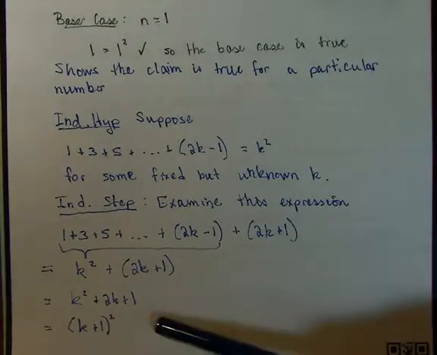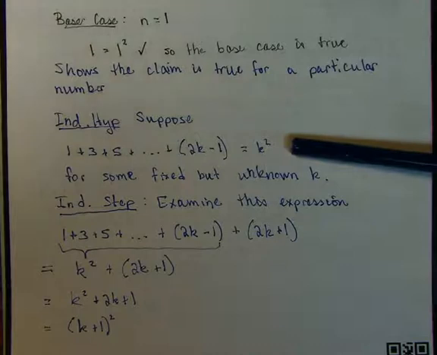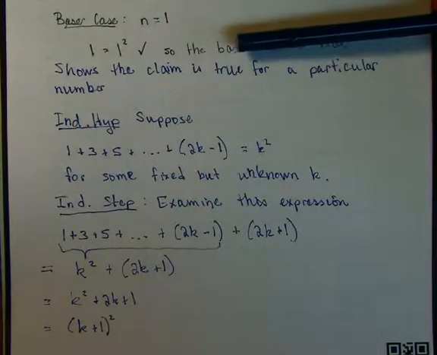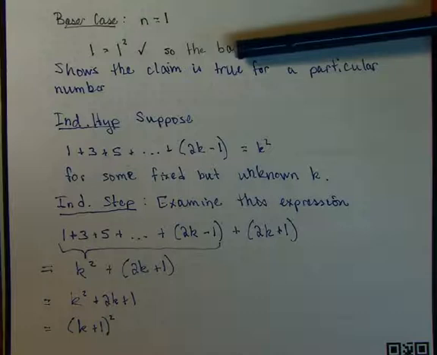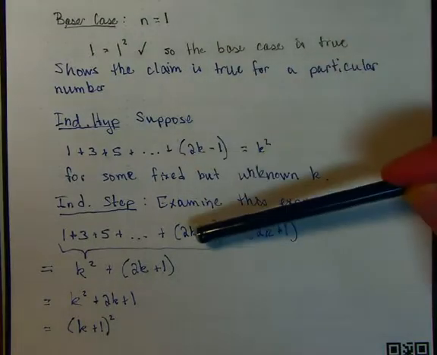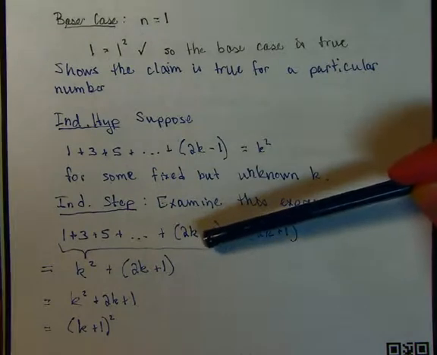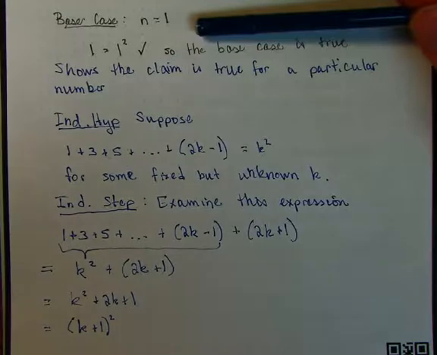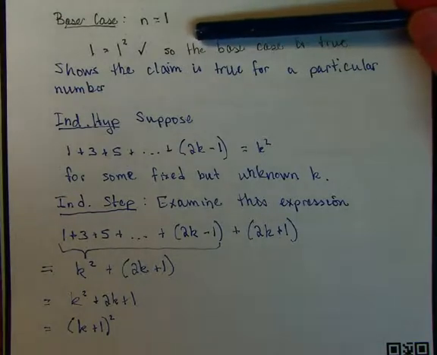Now that's if this is true. This interacts with the base case that we established over here. We established that the claim is in fact true for n equals 1. And this induction step says that whenever your claim is true for some natural number, it's true for the next one.